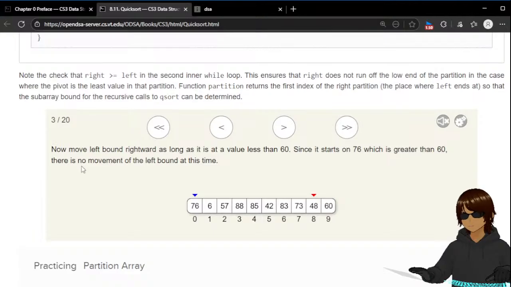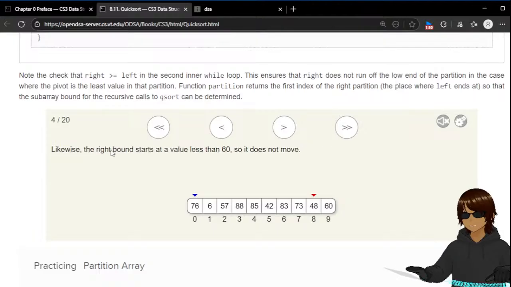Now move the left bound rightward as long as it is at a value less than 60. Since it starts on 76, which is greater than 60, there is no movement of the left bound at this time. Likewise, the right bound starts at a value less than 60, so it does not move. Swap the values of the bounds.